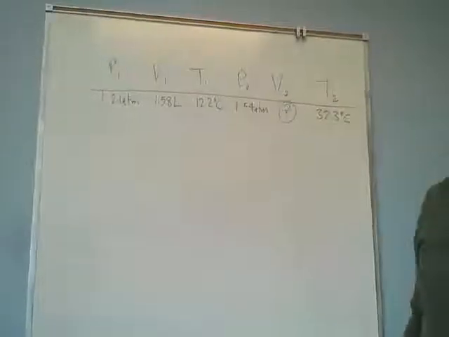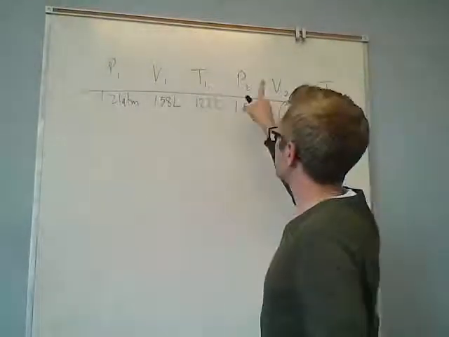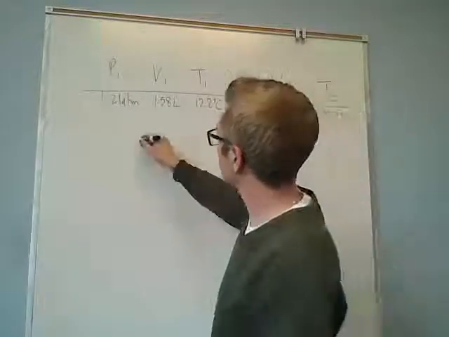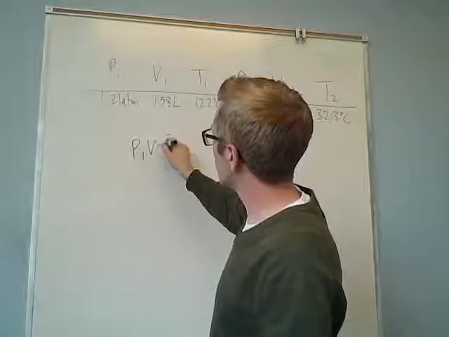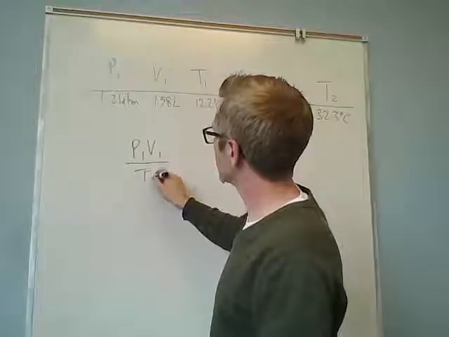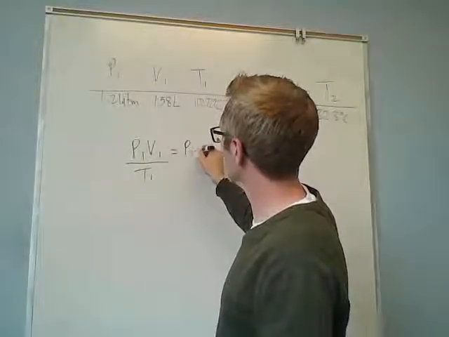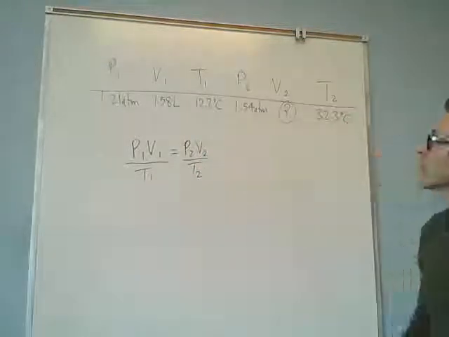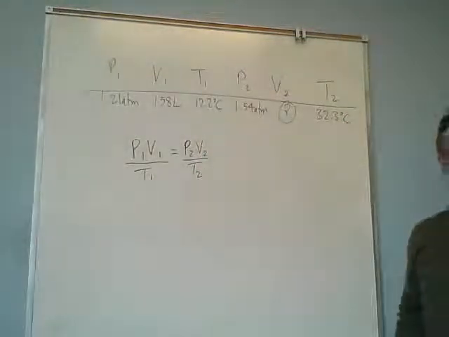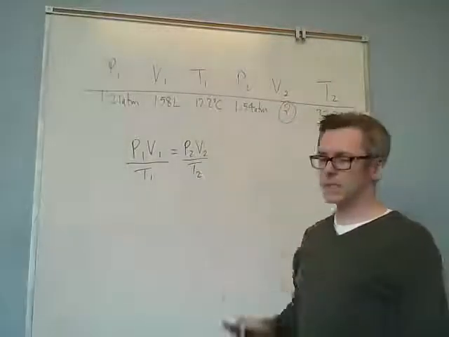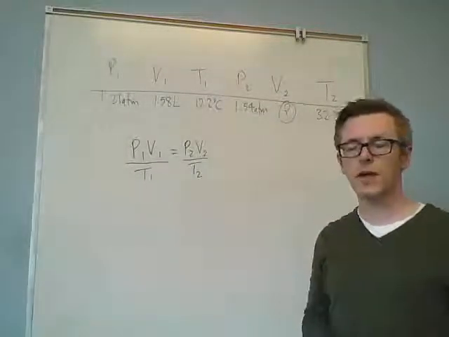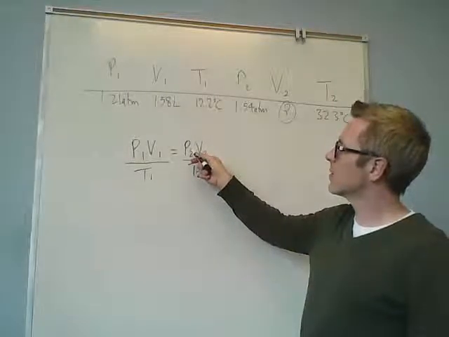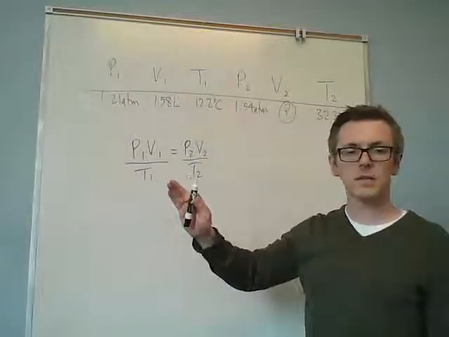Whenever you're given, in the question, initial and final values, always start with the combined equation. So you would recall the combined gas equation. You have to isolate V2, so we have to get rid of P2 and T2. You'll know from your mathematics, if you want to cross multiply a numerator, it becomes a denominator on the other side.